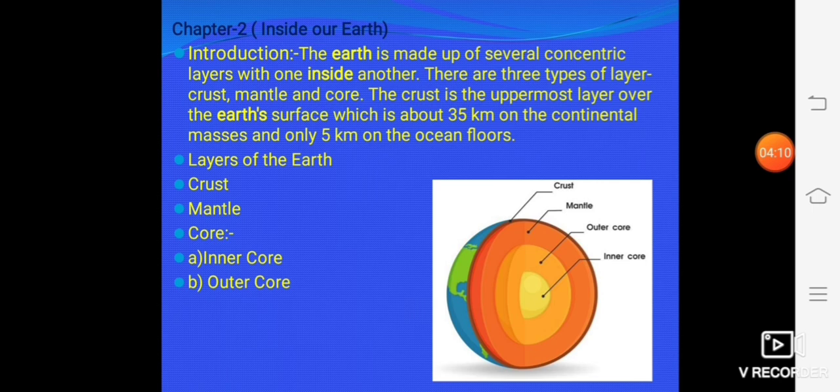And at last, the core. Recording the amount of time it takes refracted and reflected seismic waves generated by earthquakes to travel through different layers of the Earth has told us a lot about the type and location of things below the crust.